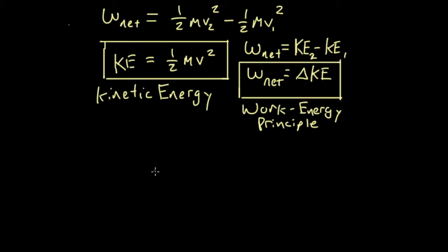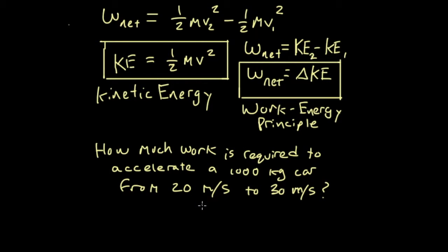So this is a useful formula for us to use in situations which we would not have been able to solve with our previous knowledge. For example, this question. A car is a bit of a complex situation. There's tires moving and there's friction and all kinds of things going on. But we can use this simple formula to simplify the situation.